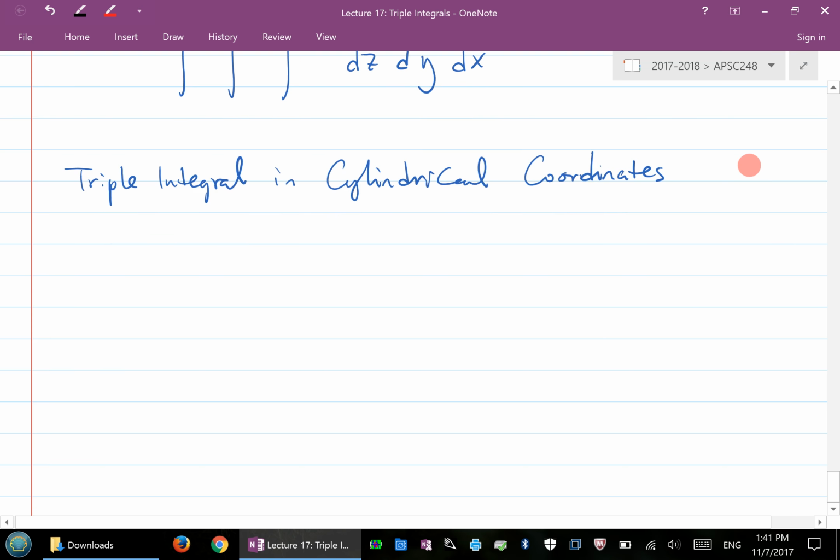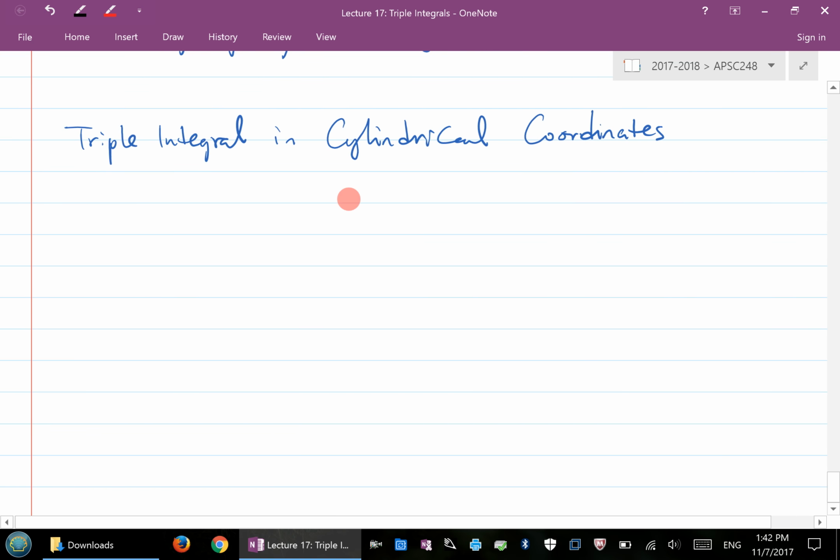Okay. So what's the cylindrical coordinate? Let me draw something first. Here is the xy plane.